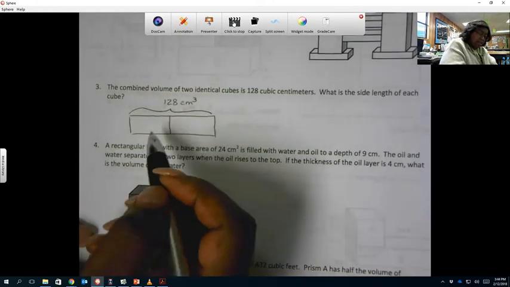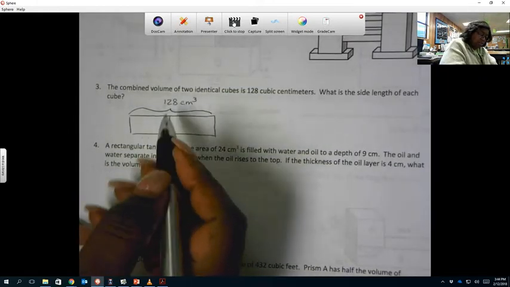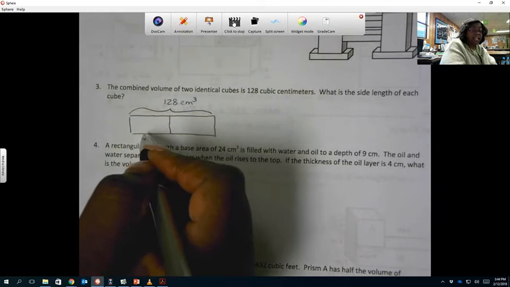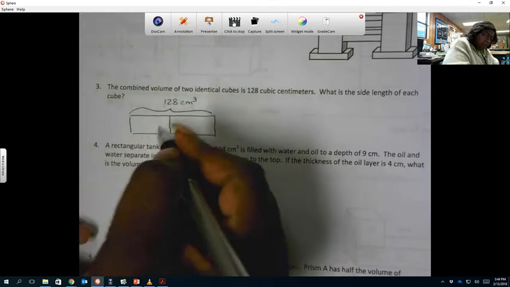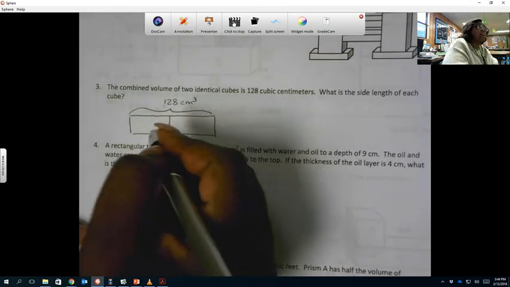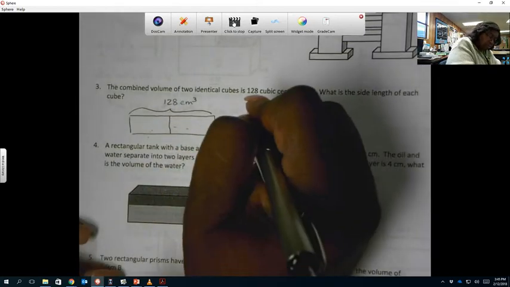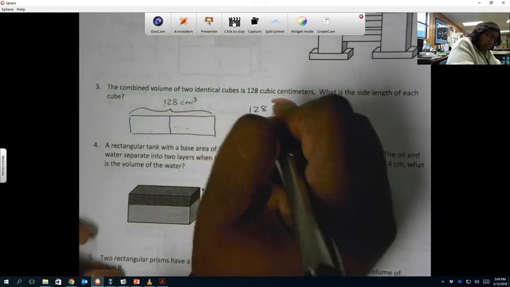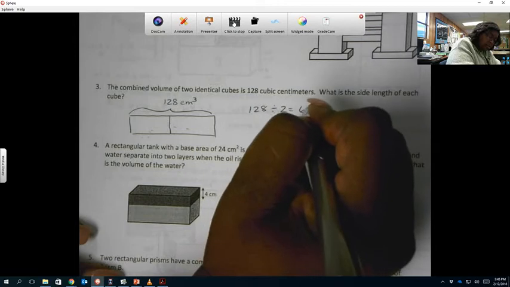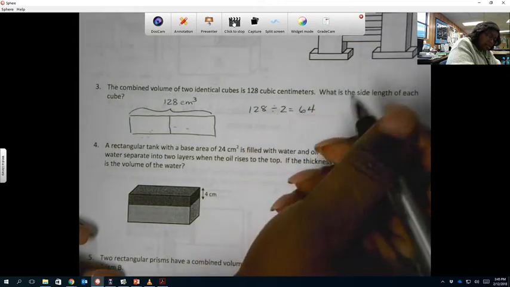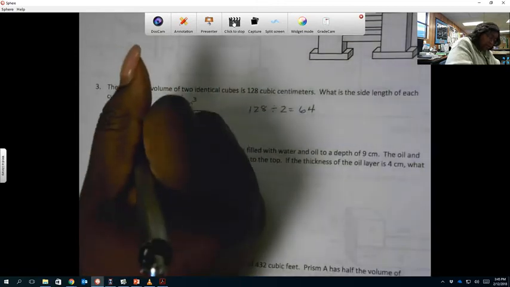I know that each one of these is a cube, so therefore each side length would have to be the same. Well, I'm going to take this and divide it amongst these two, and I get 64.